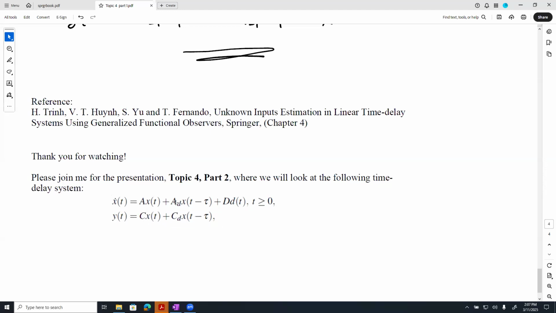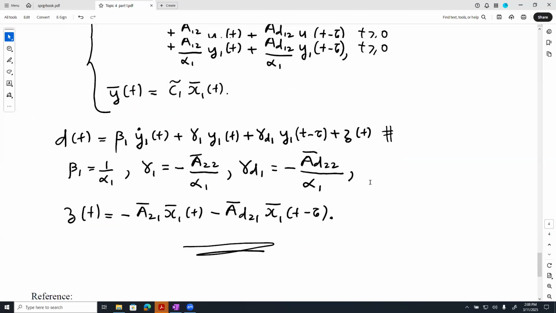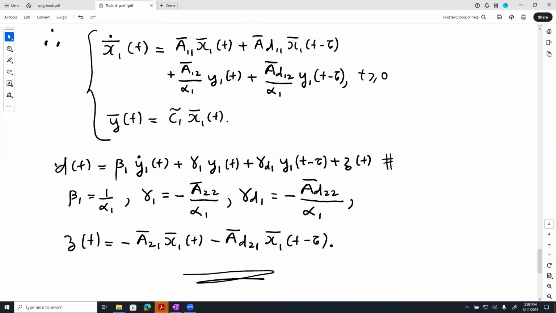So the question there is, how do we do the decomposition? How do we explicitly express the unknown input in its entirety? And what sort of conditions do we need to impose on, for example, the matrix CD? Can we use our existing decomposition technique to apply to this system? And if so, what sort of structure, what form is the unknown input going to look like?